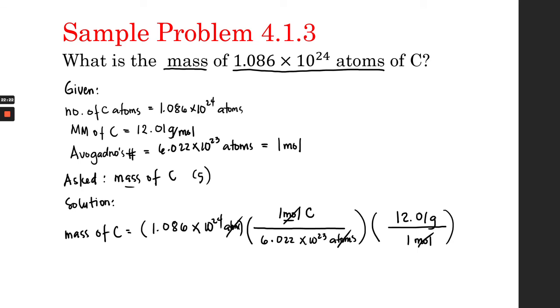So I'm going to take the number of atoms right here multiplied by 12.01 divided by the number of particles, and that will give me the mass, which is equal to 36.02 grams of carbon. So 36.02 grams of carbon has about 1.086 times 10 raised to the 24 atoms. So that's the number of particles of atoms I have.